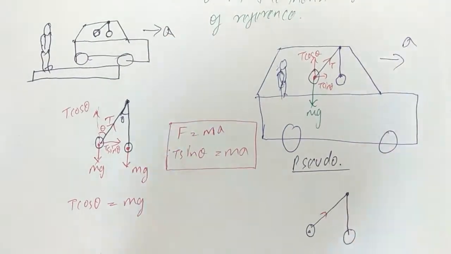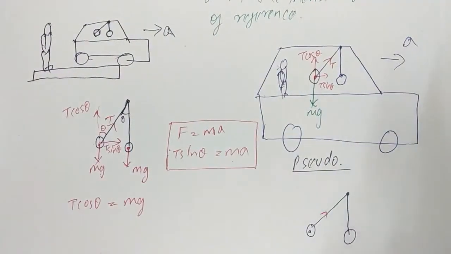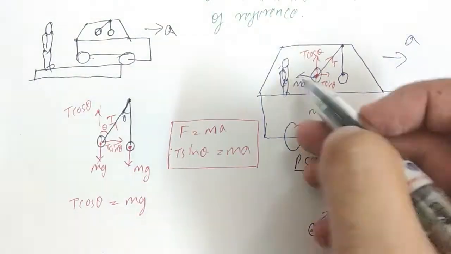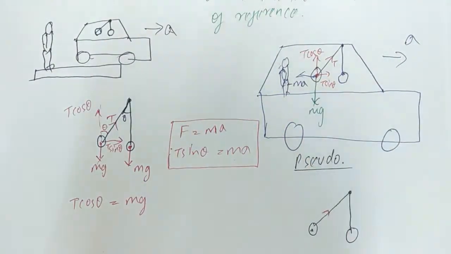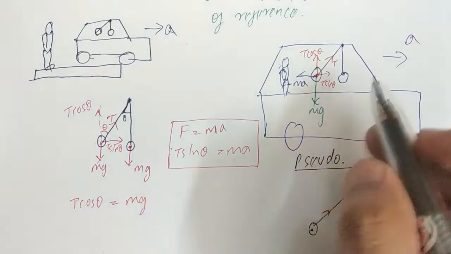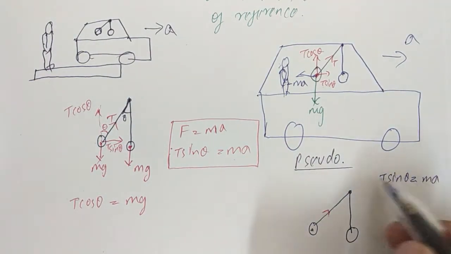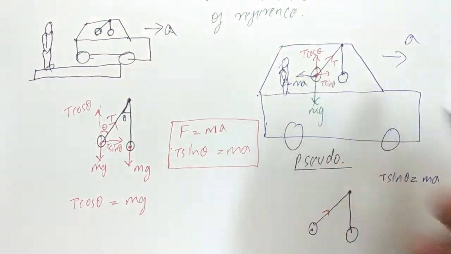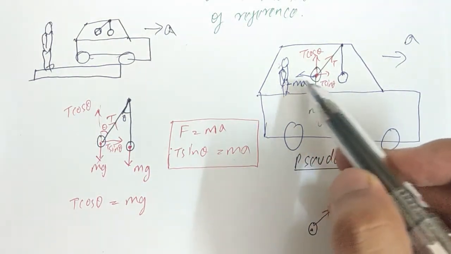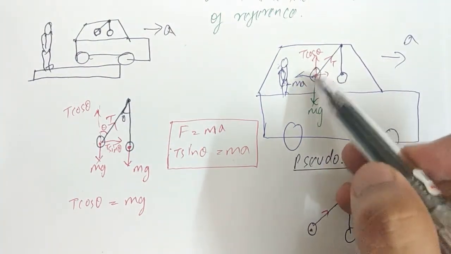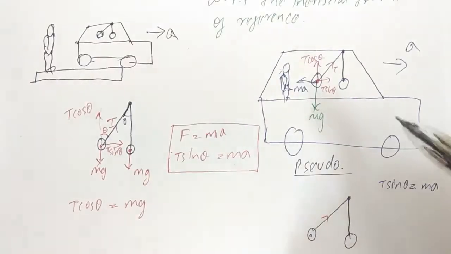To explain that, we use the pseudo force concept. This is the pseudo force, that is, this is the negative ma that is acting in this backward direction, such that T sin theta in this case is balanced by this pseudo force that we have introduced in the backward direction, and this pendulum has now become stationary.